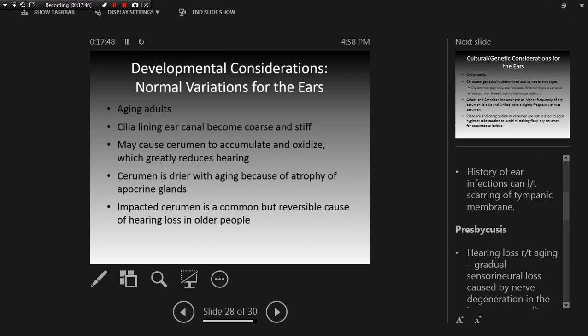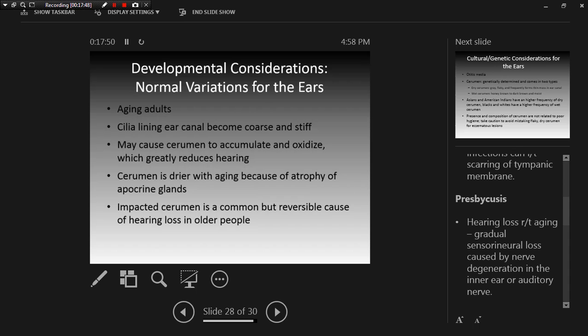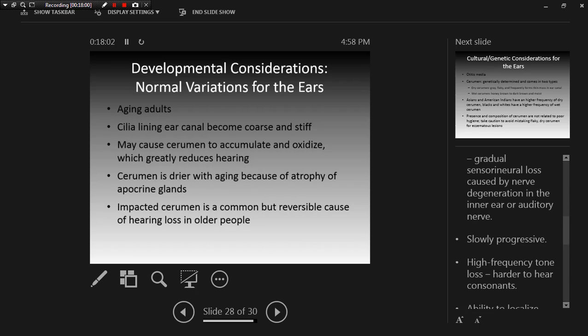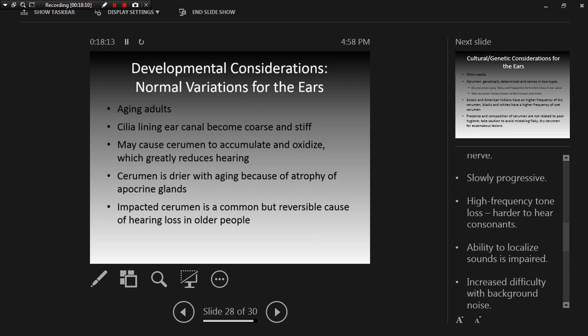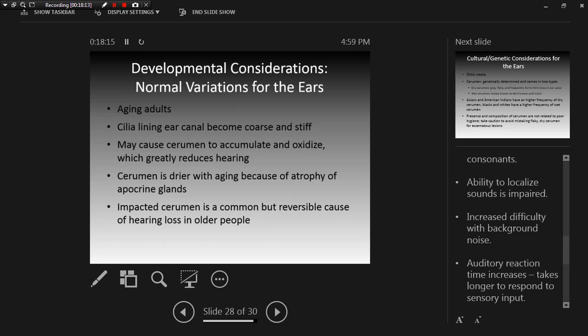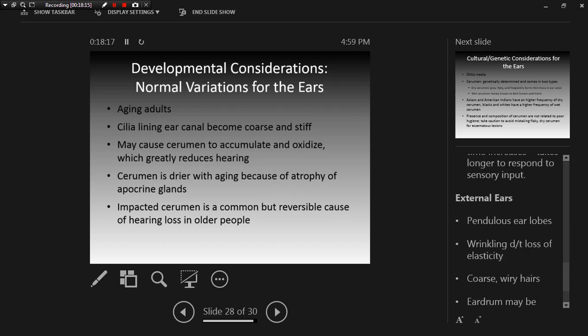Older patients are also at increased risk for presbycusis, which is hearing loss related to the aging process. They have degeneration of the nerve in the inner ear, the auditory nerve. It's a very slow, progressive hearing loss. Patients usually have a hard time hearing higher frequency tones, can't localize sounds as well, and have difficulty hearing with background noise.